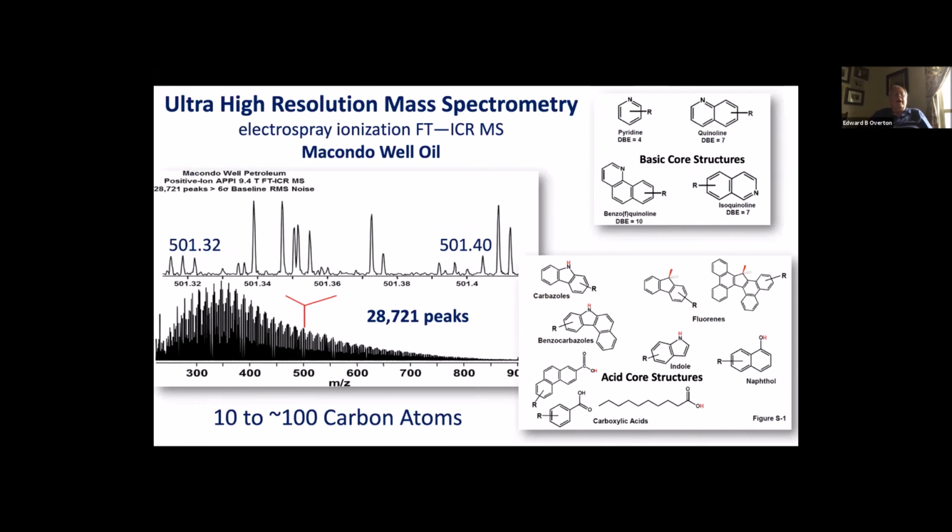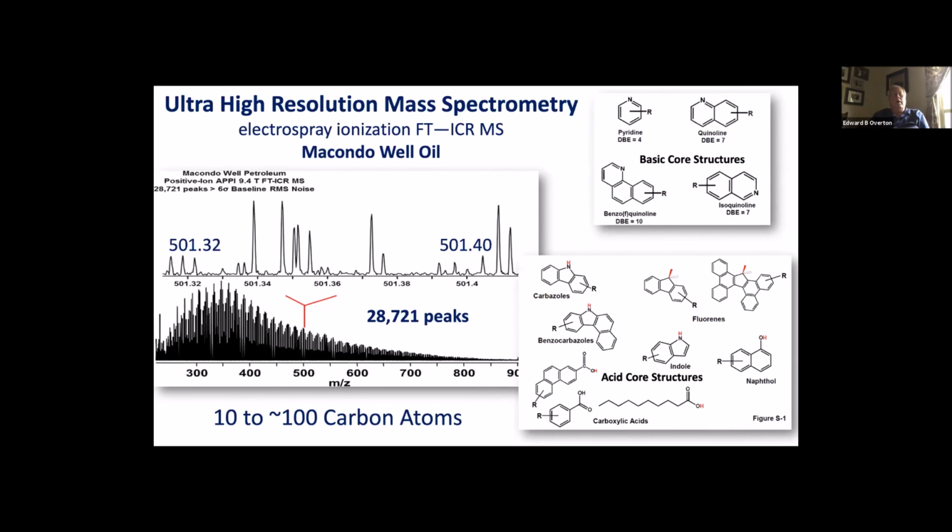And finally, what we used in the Deepwater Horizon really for the first time was ultra high resolution mass spectrometry. These instruments cost $1 million and up. They're very expensive. They're called Fourier transform ICR mass spectrometry, so FT-ICR-MS, and you've got to get the oil into the mass spectrometer.